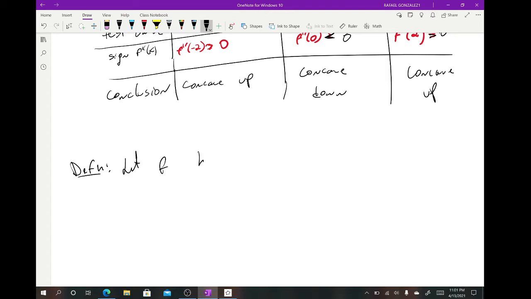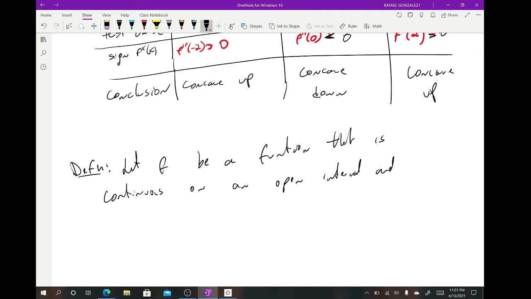Let f be a function that is continuous on an open interval, and let C be a point in the interval.